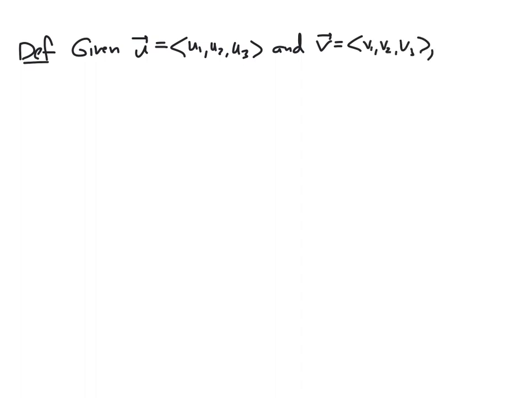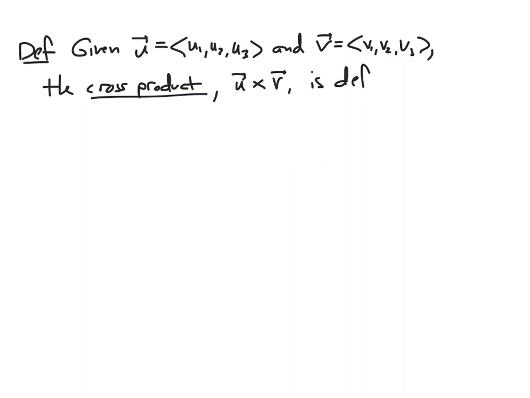Okay. So for our definition, if we're given a vector u in component form u1, u2, u3, and a vector v in component form v1, v2, v3, the cross product, which we'll denote with the old school multiplication symbol, is defined to be u cross v equals, in component form, the vector that we just wrote down.